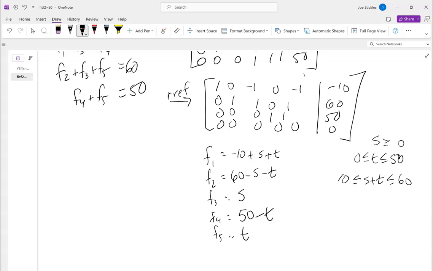If you wanted to, you could draw a picture of the feasible region of what has to happen, or draw the set of points where it would work. Is it impossible for S to be 0? Yeah, we can make S 0 as long as T is 10. And max T can be 50. I think it's right. Never mind.